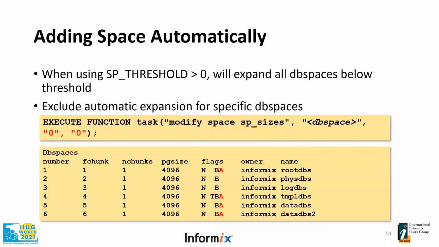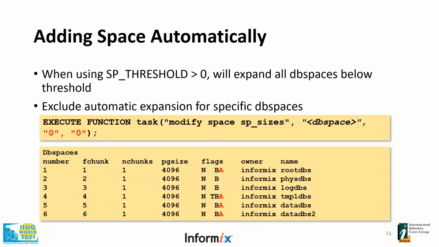The log DBS is a good example. Normally you set it to a certain size, you fill it up with all your logical logs. You're not going to want to stretch it out until you want to add more logs. So you can have particular DB spaces excluded from that automatic add. And you do that again with modify space SP sizes. You give it the DBSpace name, and then you tell it that the size is 0 and the minimum size of any chunk created for this DBSpace is 0.